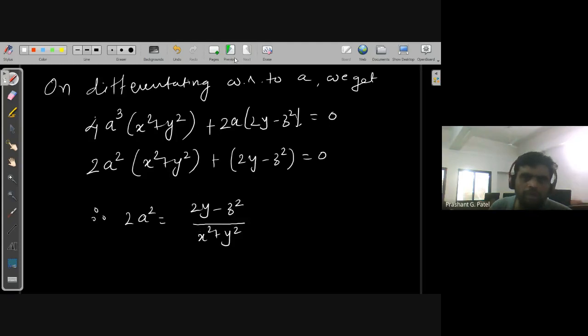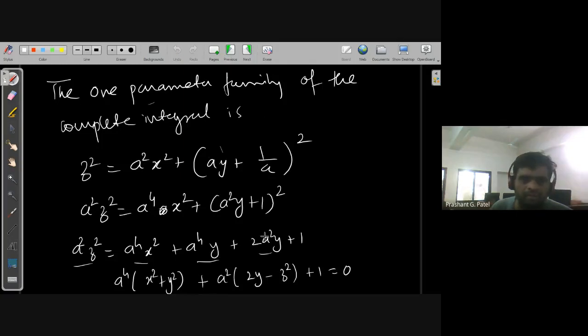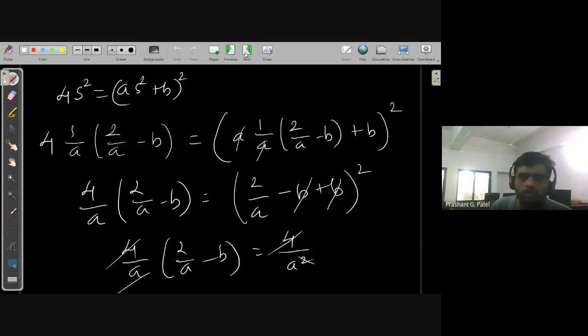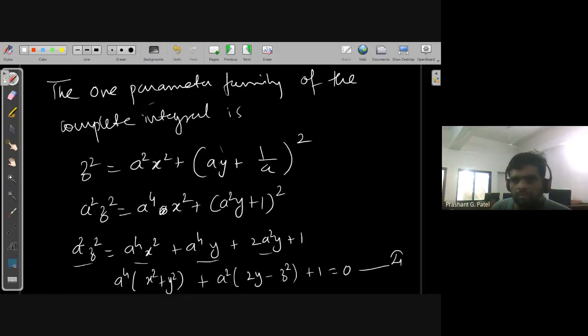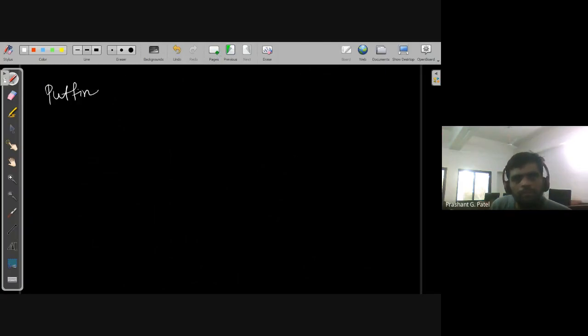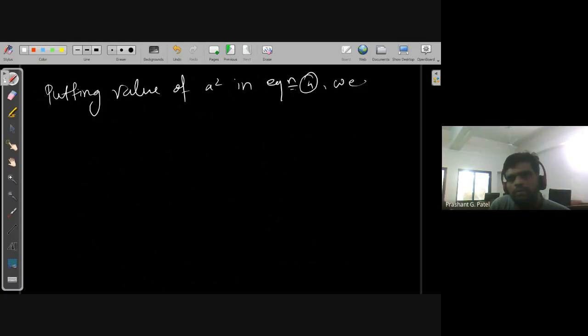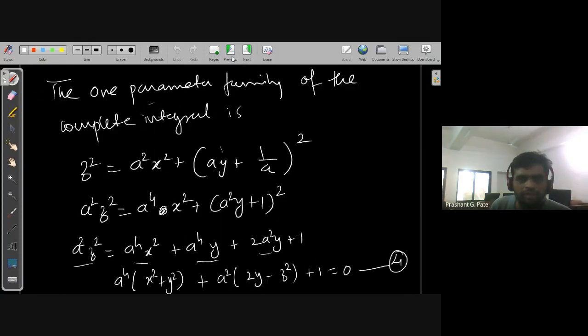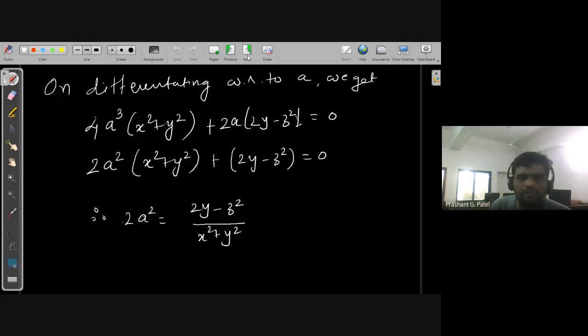And if you substitute this value of a square into this equation, that is equation number 4, we get, let me write first what equation 4 is.